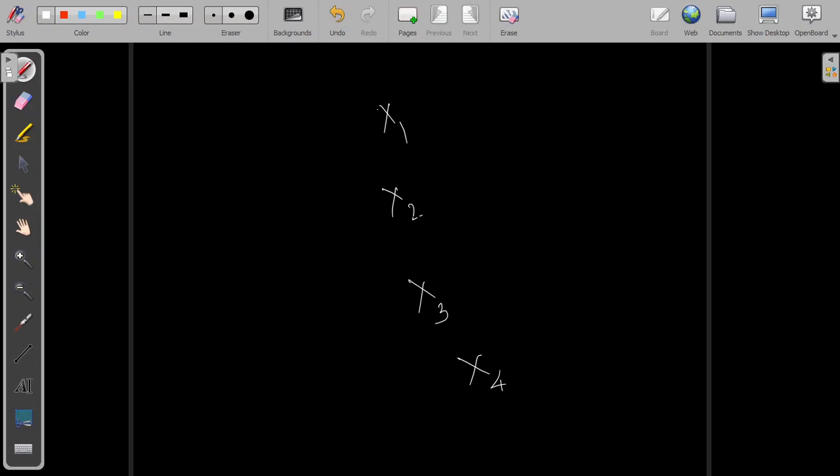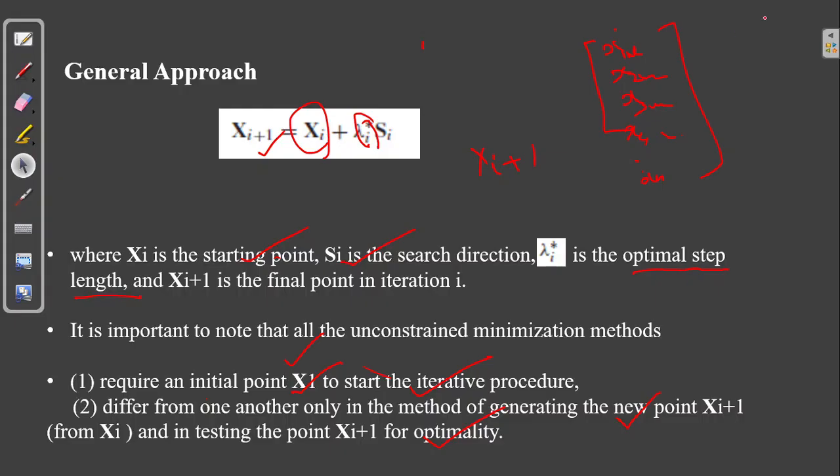Actually this capital X1, capital X2 are vectors. Okay, you should remember that. x3, x4. Now you have to check the rate of convergence. We are introducing a term known as rate of convergence.